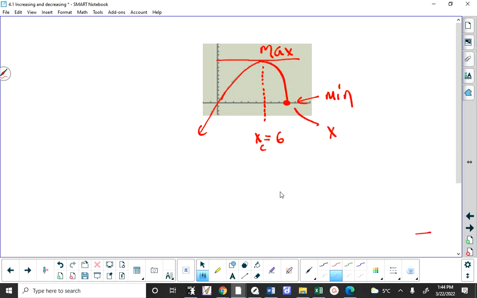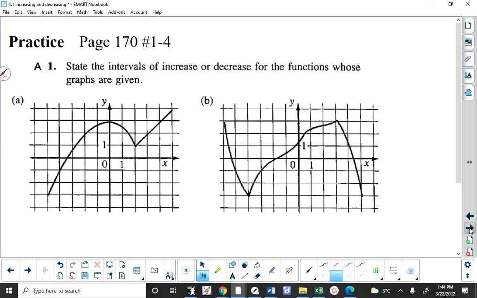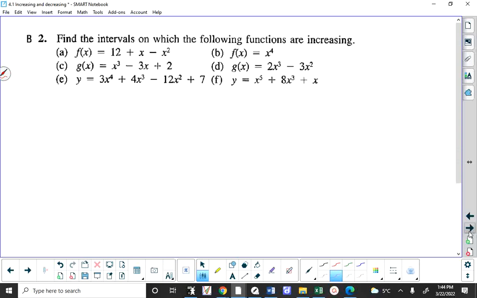This is critical because the derivative is not defined, because it's where the function ends or starts, depending on how you look at it. So we're going to tie this all together even more tomorrow. In the meantime, what you're doing is you are understanding what an interval of increase or decrease looks like on a graph, and given the equation of the function, you can find the derivative and do a first derivative table to answer the question.